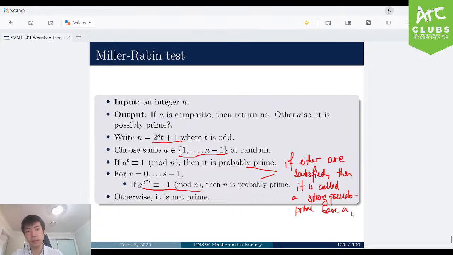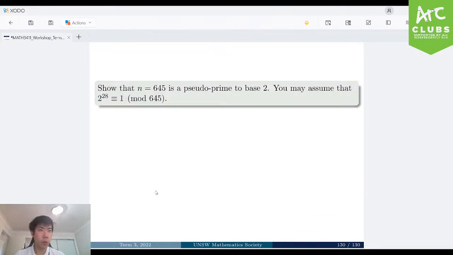Similar concept to pseudo-primes. It's done by these different a's, like different bases. In this case, if it passes either one of these conditions, then it will be a strong pseudo-prime of that base. Let's just go through one more quick example, then I'll pass it on to Jerry to do the last 2 chapters.